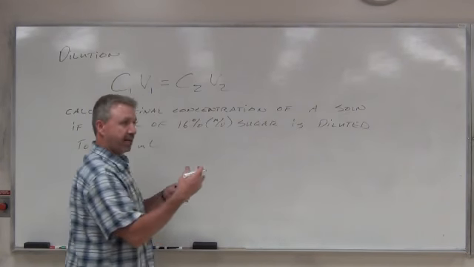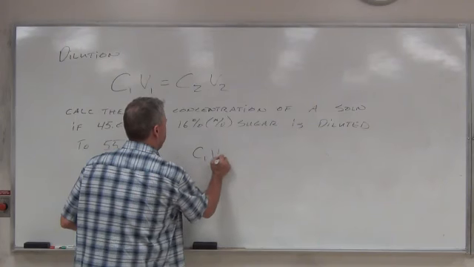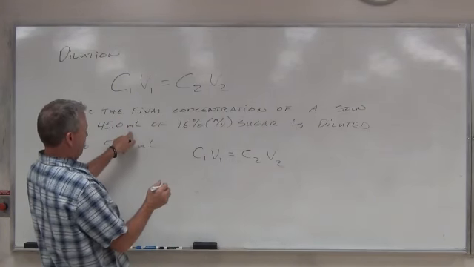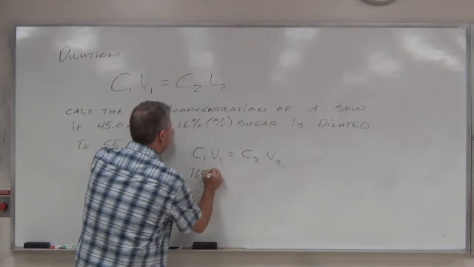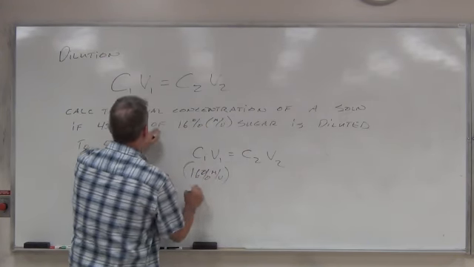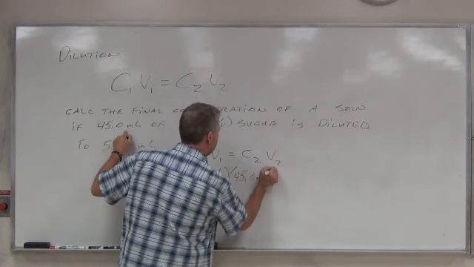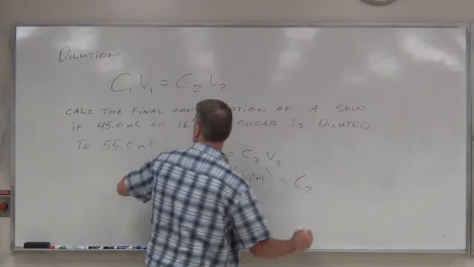If I wanted to see it algebraically, I would say C1V1 equals C2V2. C1 is 16%. V1 is 45 mils. C2, that's what I'm looking for.